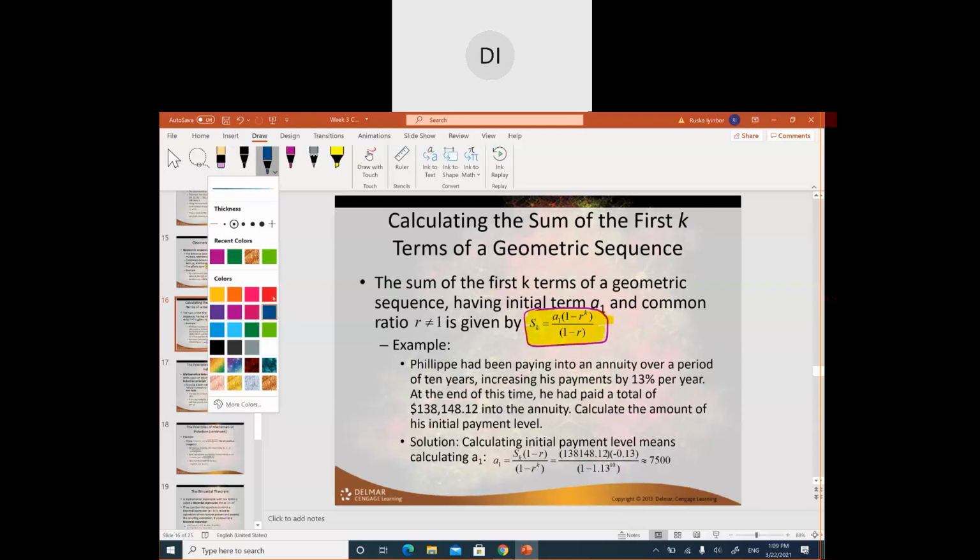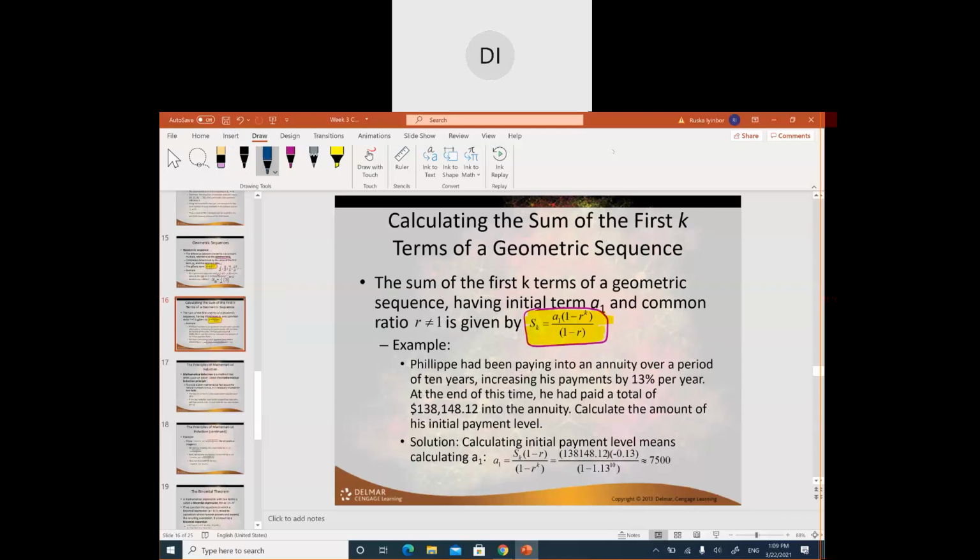And let's start with the example. Felipe has been paying into an annuity over a period of 10 years. So this is important information, right? 10 years. Increasing his payment by 13% per year.